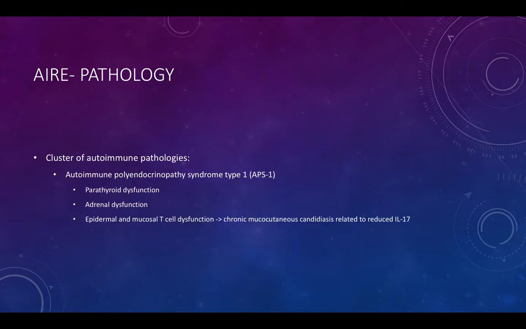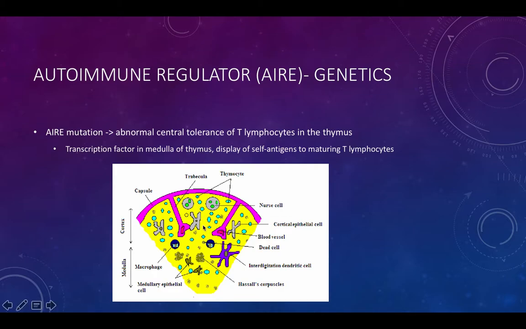Now moving on to pathology. If you have this AIRE mutation, you can develop a cluster of autoimmune pathologies, usually pertaining to the endocrine system. You develop what's called autoimmune polyendocrinopathy syndrome type 1, APS type 1. Now thinking back to the actual cellular problem, you don't have adequate T lymphocyte schooling to recognize what is self.